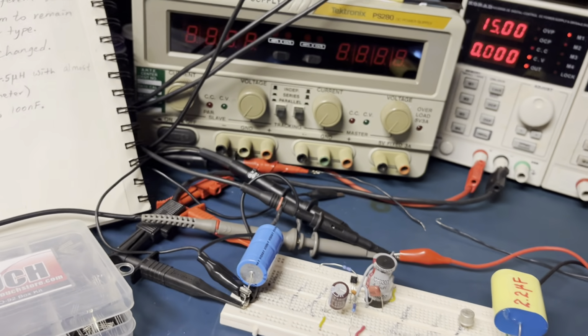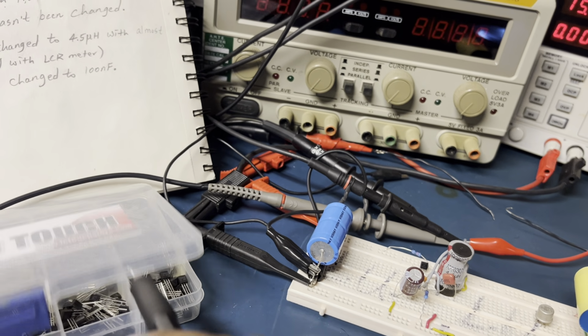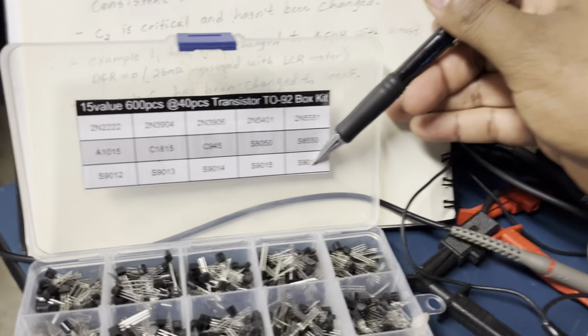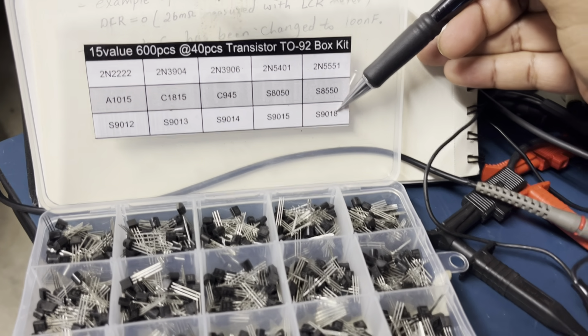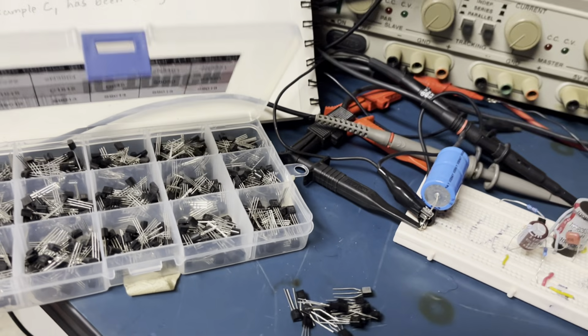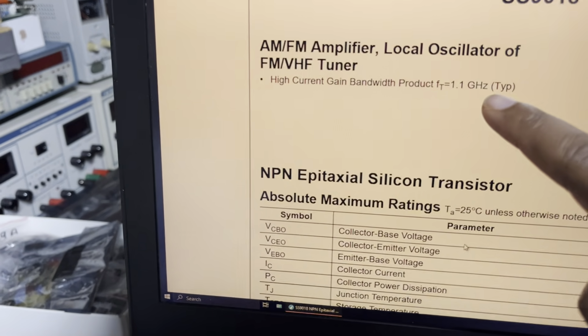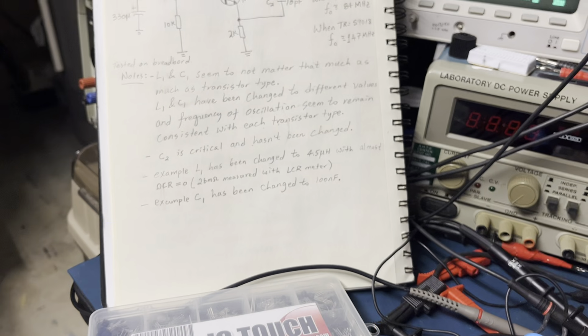So now I'm going to take this transistor here, this S918, and test it to see what frequency it oscillates at. As we saw, it has a high transition frequency, right? So let's take a look at that.